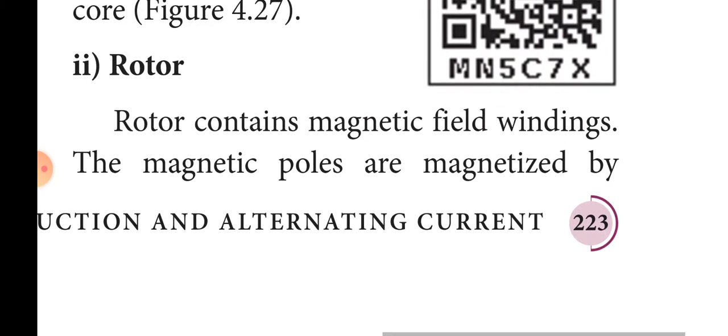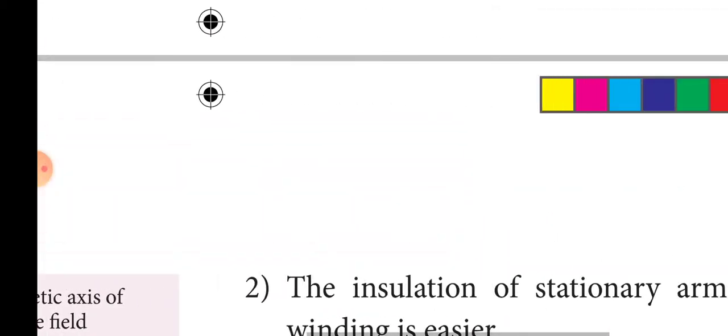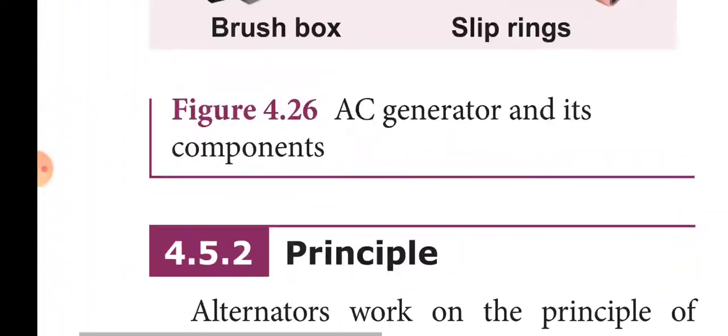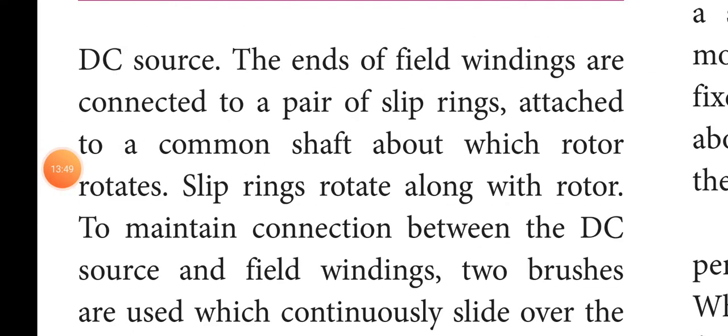The second one, the rotor. The rotor contains magnetic field windings. The magnetic poles are magnetized by a DC source.